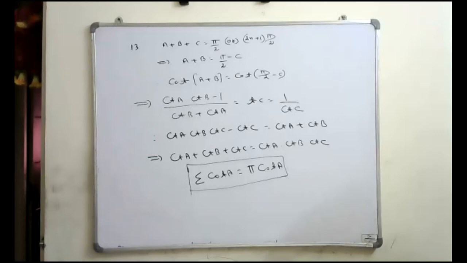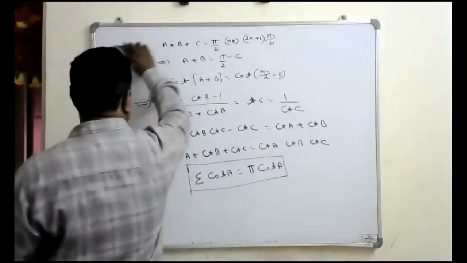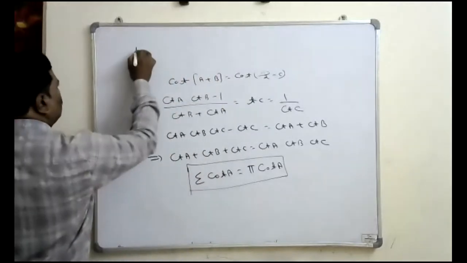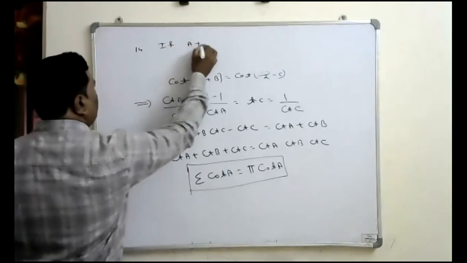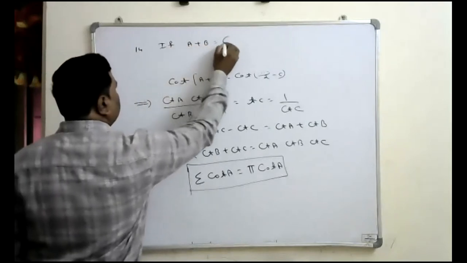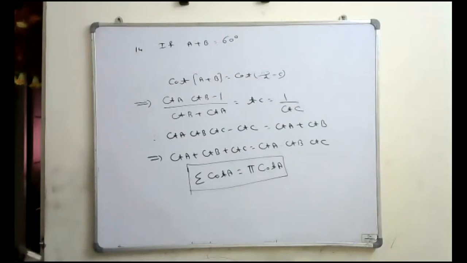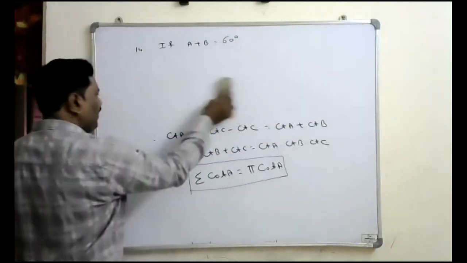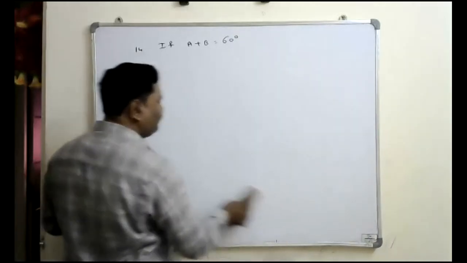Okay. Now, look at one more result. Suppose a plus b is equal to 60 degrees, then what is the result? We will see the result in terms of the sine and in terms of the cos.